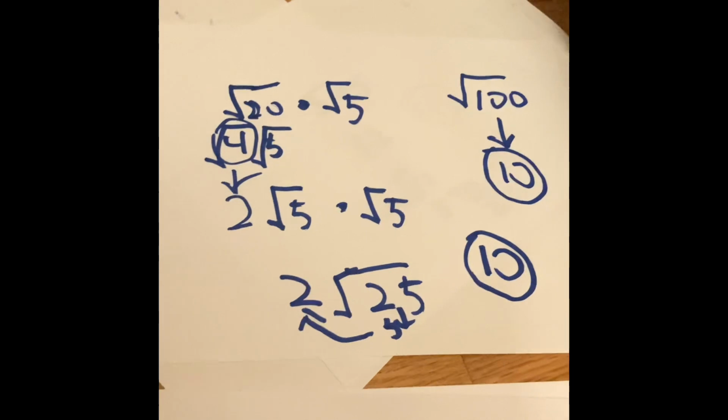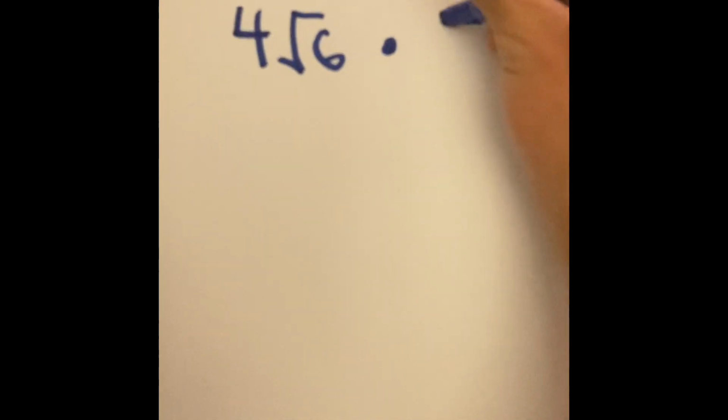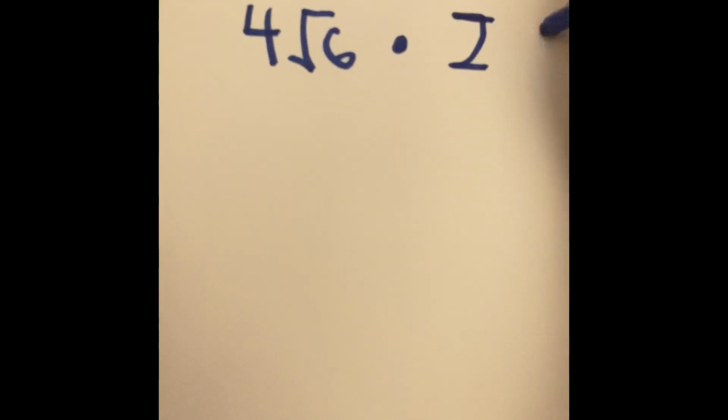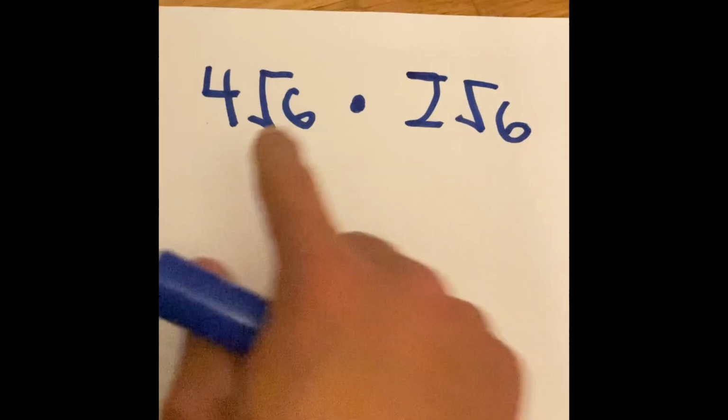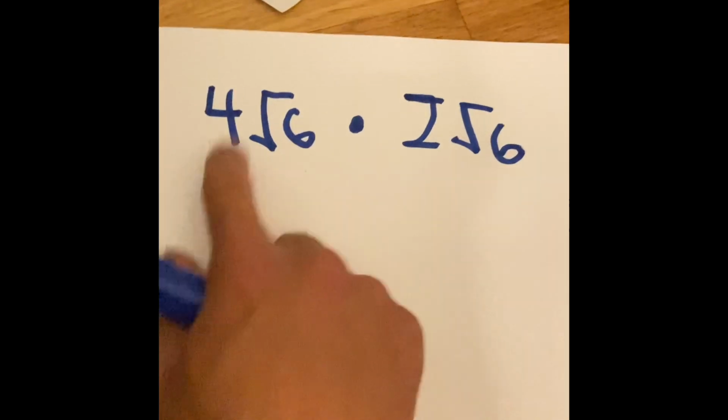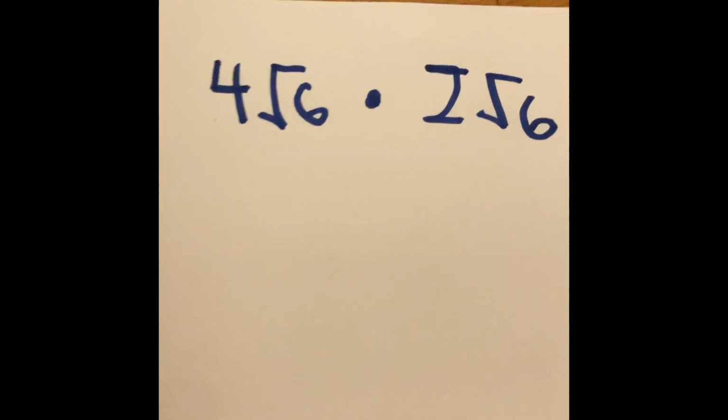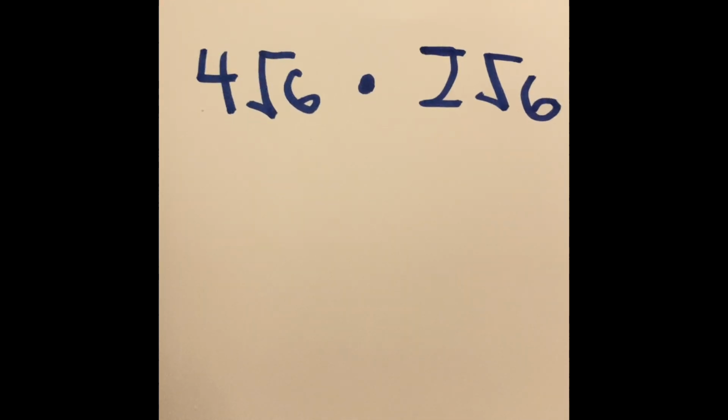Let's see another example. In this example, we're going to be solving 4 square root of 6, multiplied by 2 square root of 6. We could do the math normally, simplify, and get to an answer.